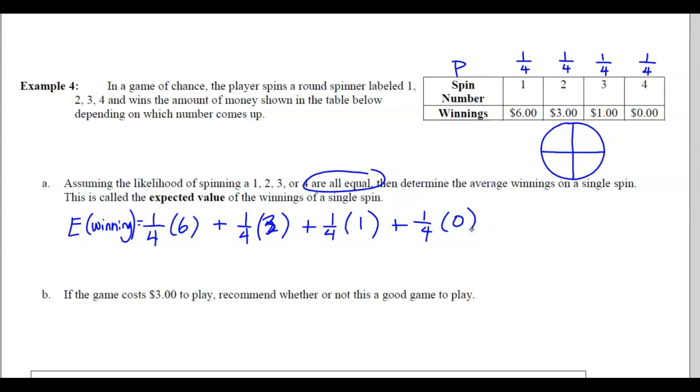When there's more than one outcome, you're taking on average what you would win. So 1/4 of 6. Now this is money, so you could use decimals. That's going to be 1.5 plus 0.75 plus 0.25 plus 0, and that's going to be $2.